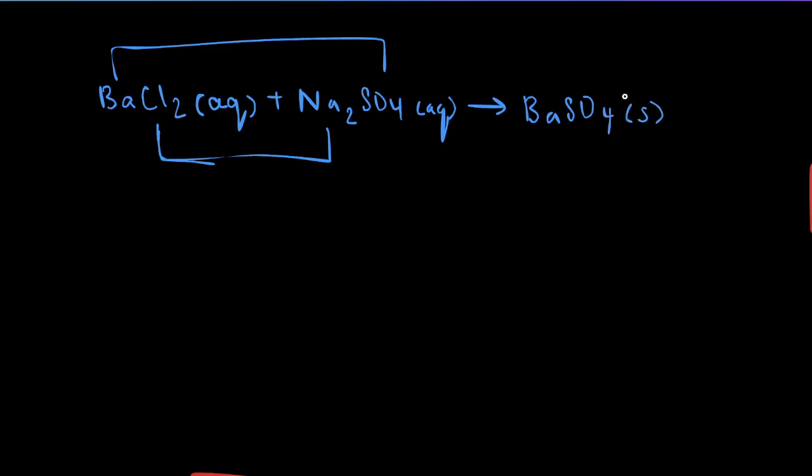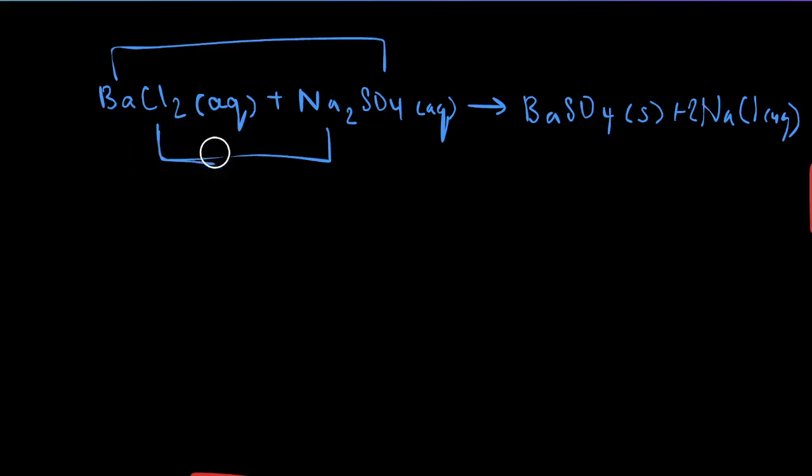And we know this because, according to our solubility rules, all sulfates are going to be soluble, except for barium, lead, and calcium. In this case, we do have barium associated with the sulfate, so that is going to precipitate out as a solid. And then we're going to have 2NaCl, which is aqueous.